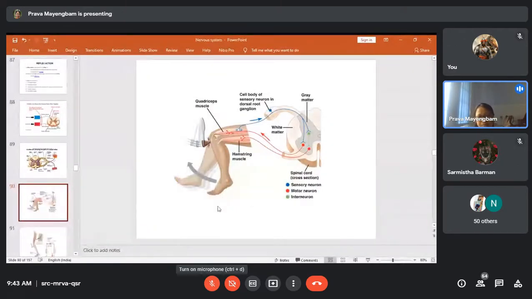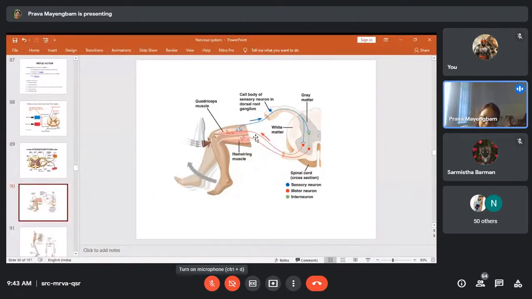So this is how it works when a hammer hits the knee. The sensory signal will enter through the dorsal horn and the motor activity will come out through the ventral horn, and this will act on a group of muscles.